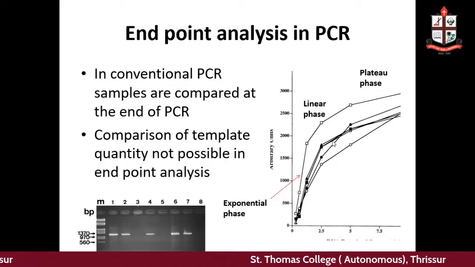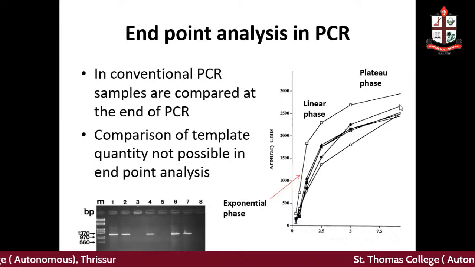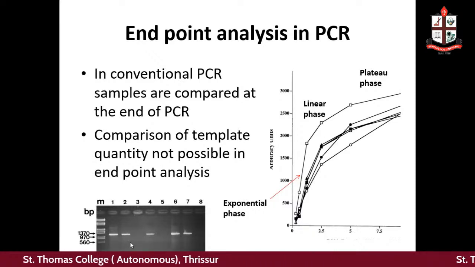That depletion of the reagent will also affect the PCR. So since we are doing the comparison at the end of the PCR, we will not be able to make any quantitative inference about the results obtained.